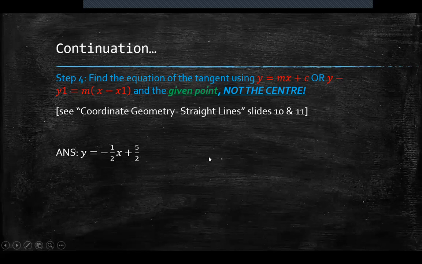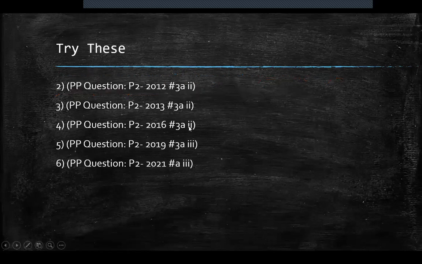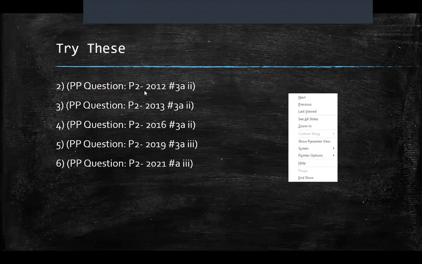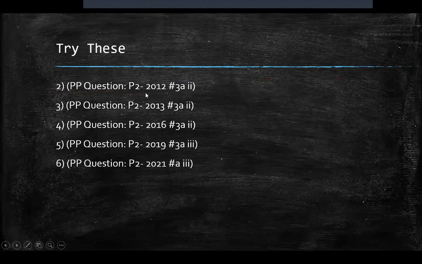All right. Now we get to practice this a little more. So let's do past paper questions. You could just write down the year and the number if you want to. Doing paper 2, 2011, number 3, part 2.